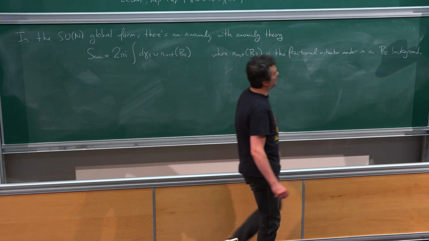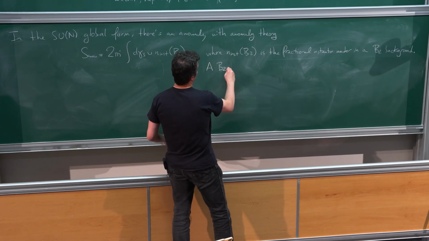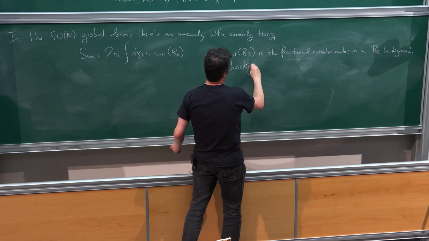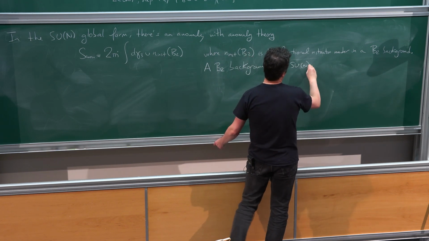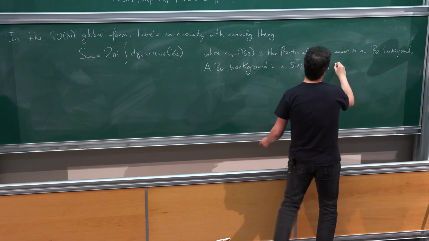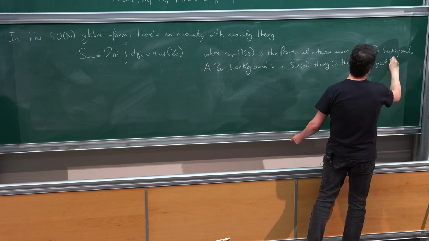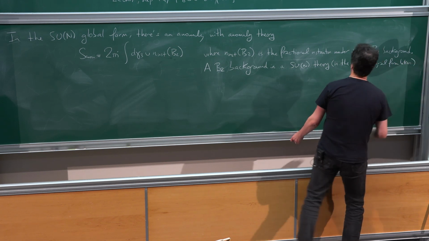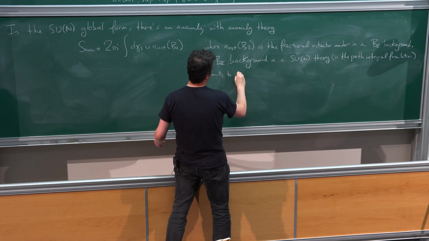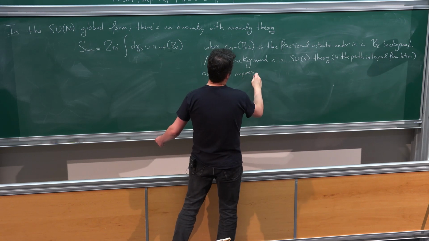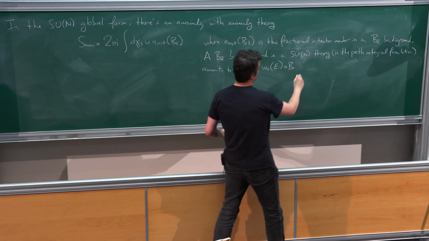So putting a B2 background in such a theory, in SU(N) theory, in terms of the path integral, amounts to imposing that W2 of your bundle is equal to B in the sum over topologies.